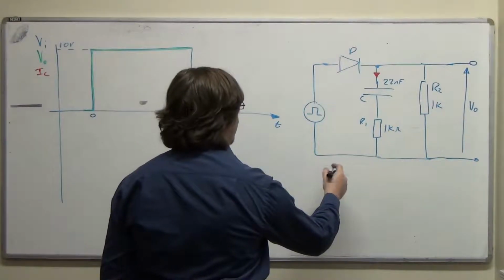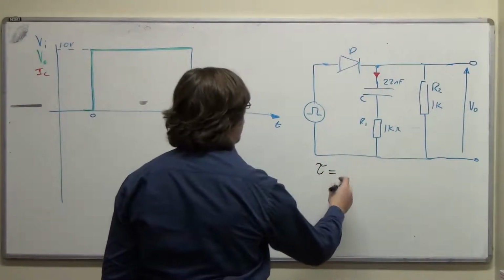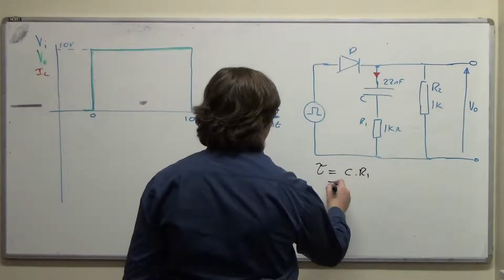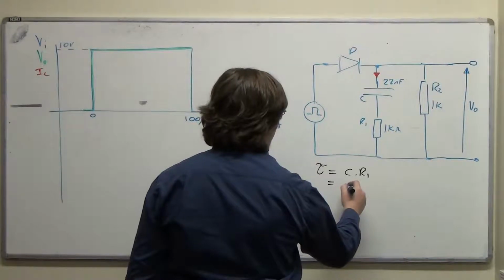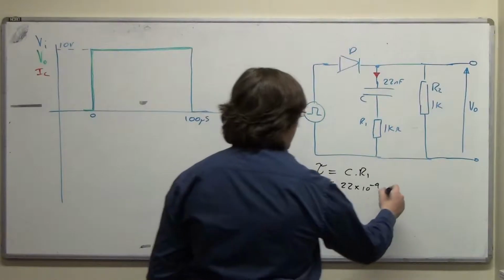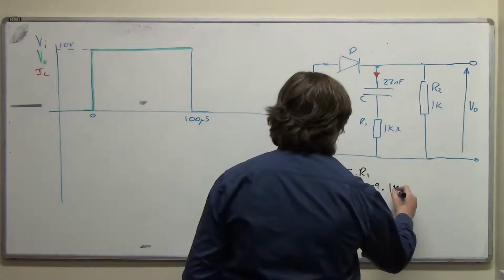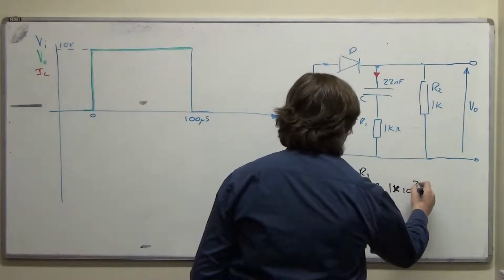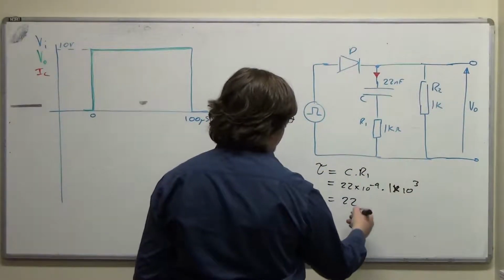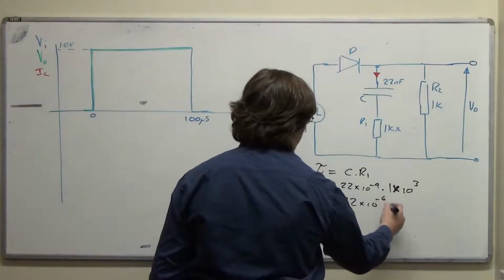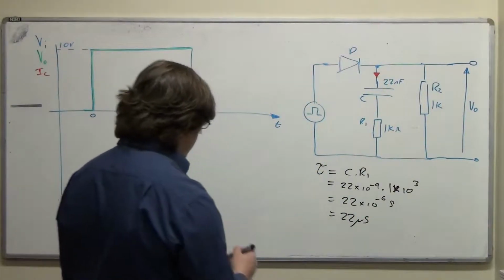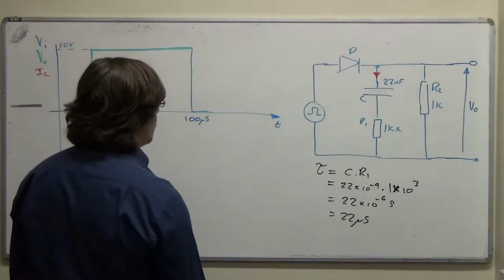We can have tau is equal to C times R1, which is 22 times 10 raised minus 9 times 1 kilo ohm, or 1 times 10 raised 3, which is 22, and 9 becomes 6, times 10 raised minus 6 seconds, which is 22 microseconds. So 22 microseconds for the charging time constant.